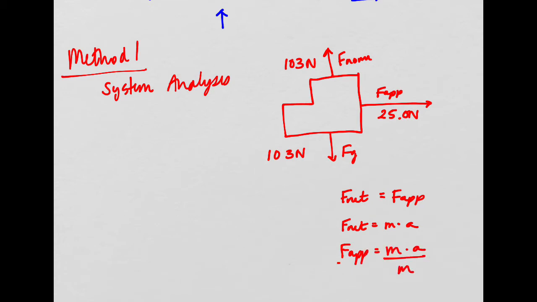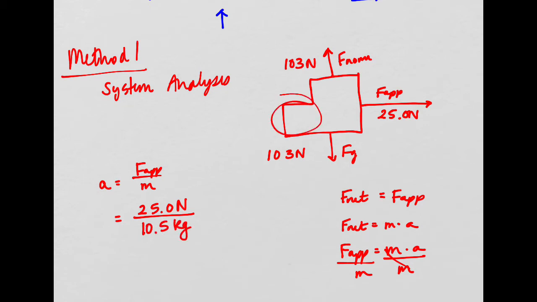Divide both sides by m, and I get that acceleration equals the applied force divided by the mass. If I plug everything in, I get 25.0 newtons is the applied force, divided by 10.5 kilograms, right? Because this little box is 3 kilograms and this is 7.5 kilograms.